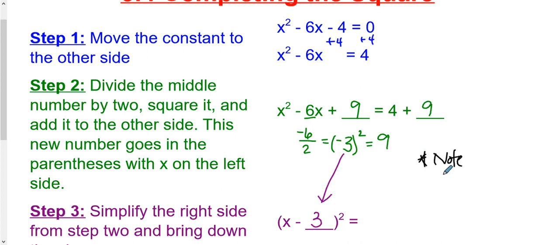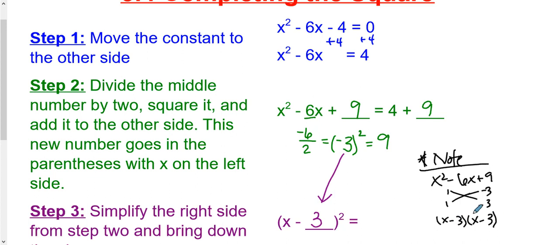If I want to factor that, I would have 1's on the left. My numbers that multiply to 9 and add to 6 are 3 and 3. And then they would both be negative to get me -6. So this is x minus 3 and x minus 3.